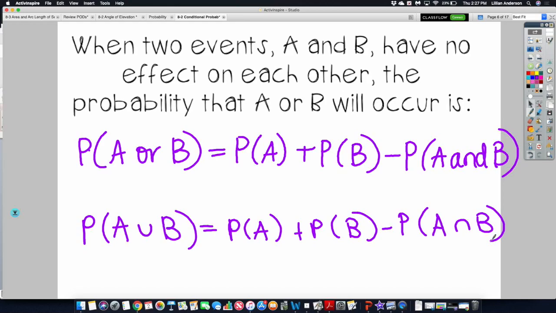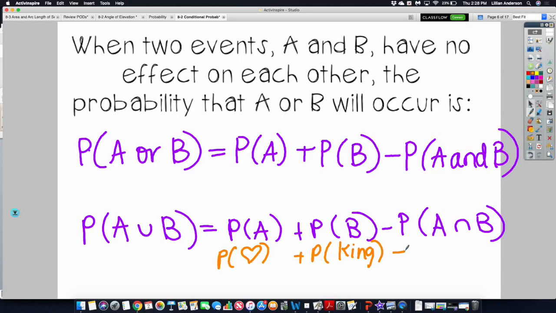A would represent the heart, B would represent the king, but if you know cards, is there a card that's a king of hearts? Then you would have to take away that one that represents the king of hearts, because you counted it twice when you counted it with the hearts and with the king.